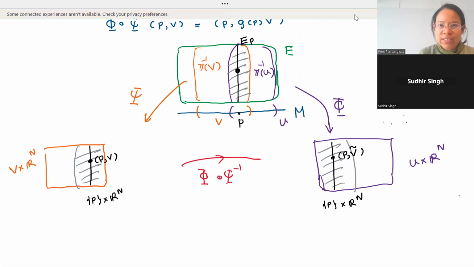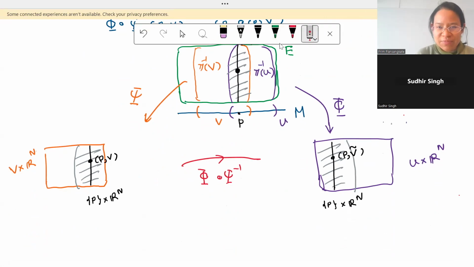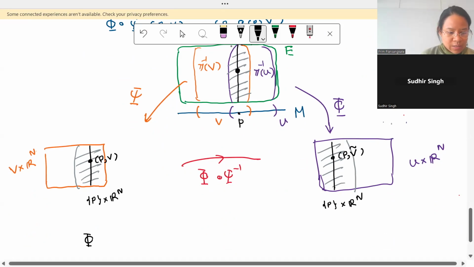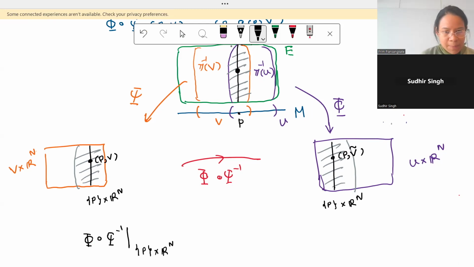Let me just note one sentence before we go. So then this composition, if I restrict it to this line, this fiber, is an isomorphism because it's a composition of isomorphisms.